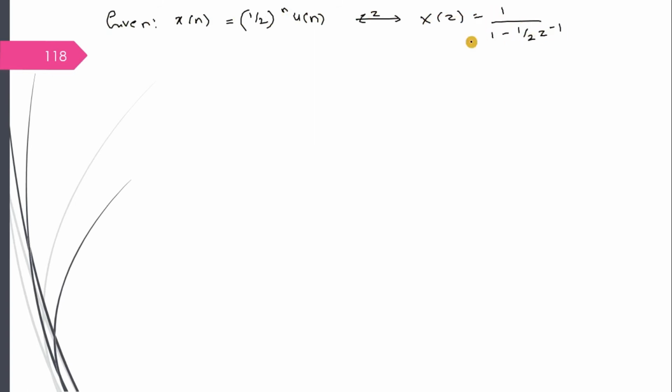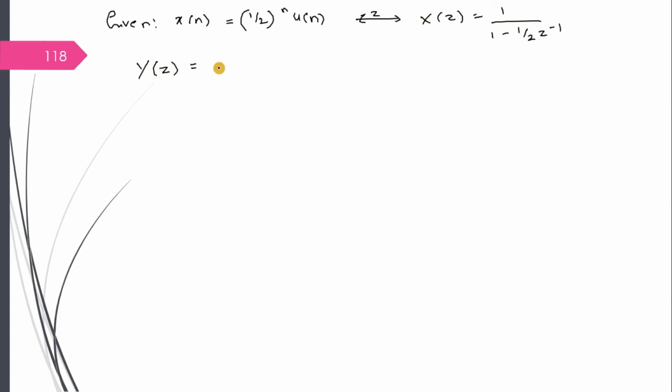I take the next slide. So what is given for us? We have been given that x of n is 1 by 2 raised to n u of n. What is its unilateral Z transform pair? It is X of z equal to 1 divided by 1 minus 1 by 2 z inverse. There is no difference, right? I write it as it is. Now I put it in the equation that we just derived.